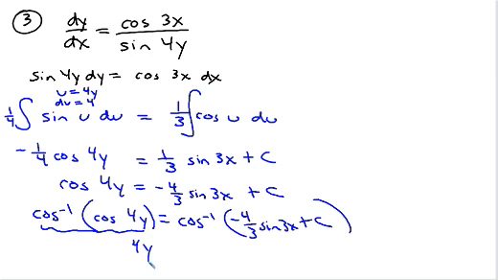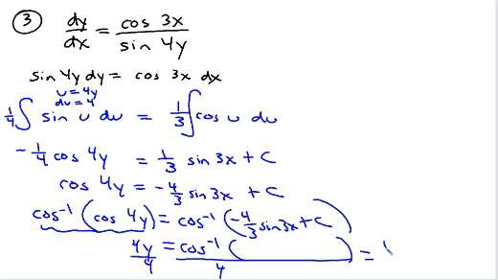So I have 4y equals this inverse cosine of this thing, and I divide both sides by 4, which is just like multiplying that thing by 1/4, and it's the inverse cosine of that whole mess, the negative 4/3 sine of 3x plus c. And we will stop there for today.